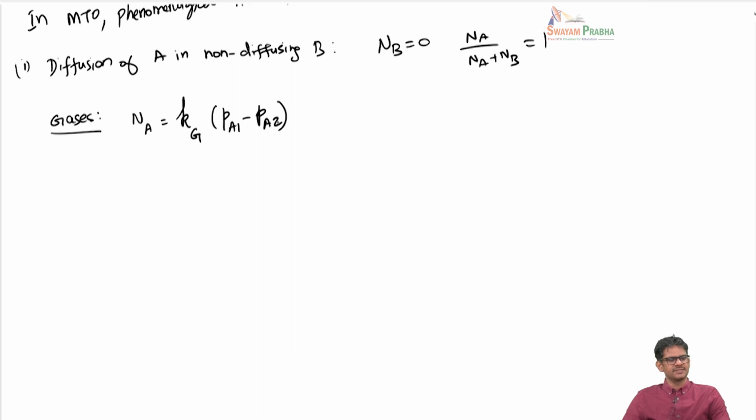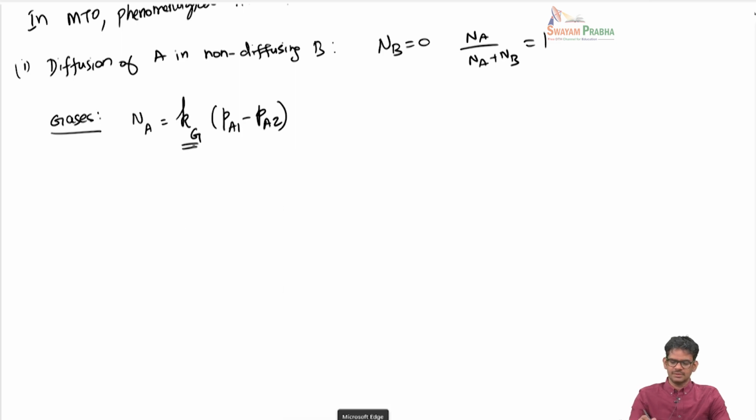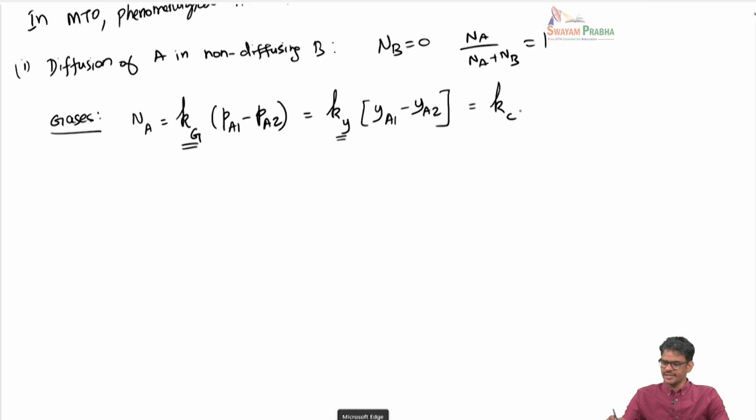Sometimes we write fluxes in terms of partial pressures of species A, and correspondingly we introduce a mass transfer coefficient Kg. We could also write this in terms of mole fractions. Here Ya is the mole fraction of species A in the gas phase, and the corresponding mass transfer coefficient is Ky. Or, like I discussed before, it can be written in terms of concentration units also.